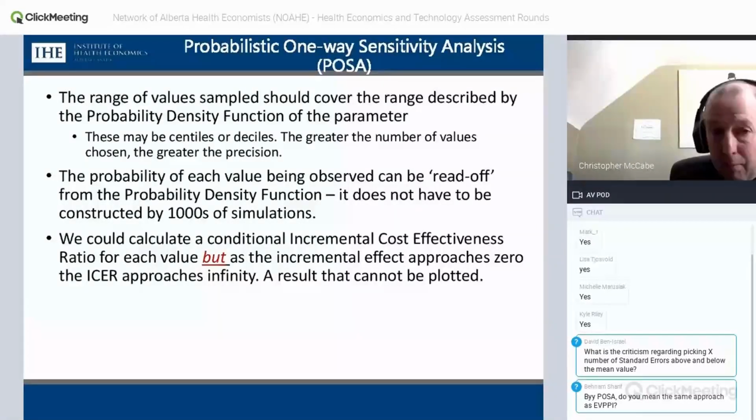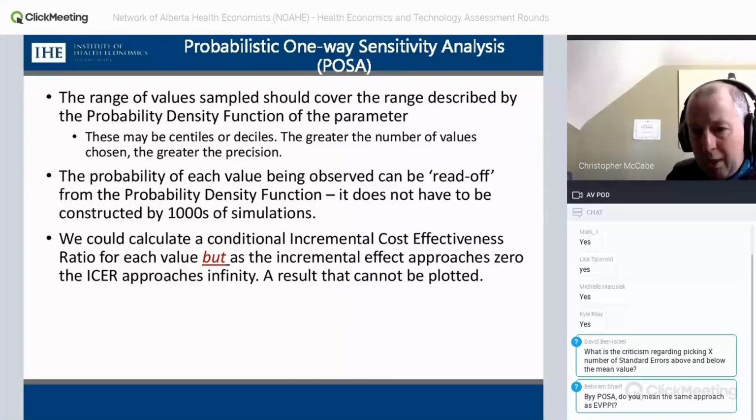It's analytically the same approach, except that we're not constructing the probability of the value being selected by running thousands of simulations. We are selecting the values that cover the range described by the probability density function, and then we read off the probability of that value being observed from the probability density function. So we've already got that information in the PDF.